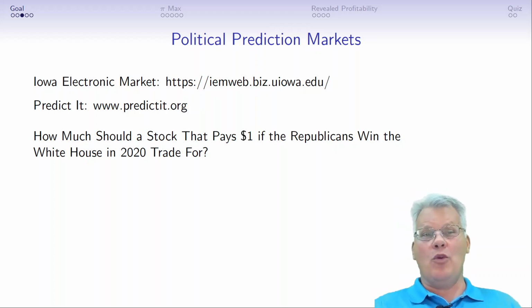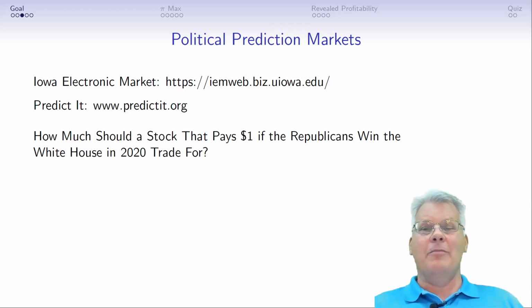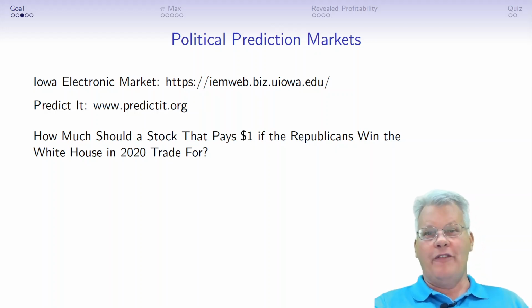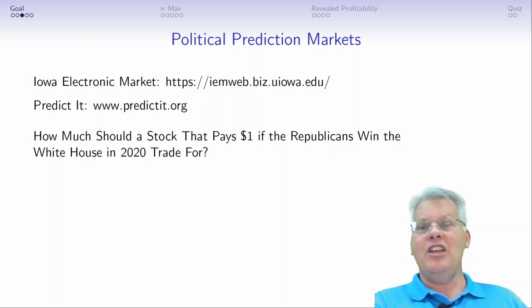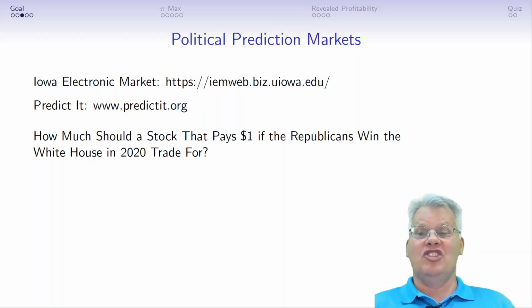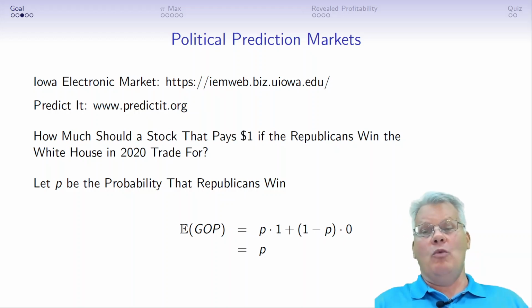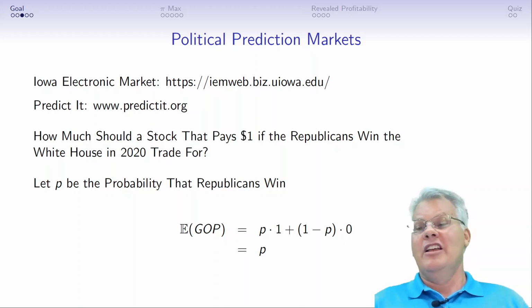As of January 1st, 11 months before the presidential election, if this stock were to pay $1 if the Republicans win and $0 if they don't, how much should it trade for? Well, I claim that we should compute the expected value of this stock. So there are two different states of the world.